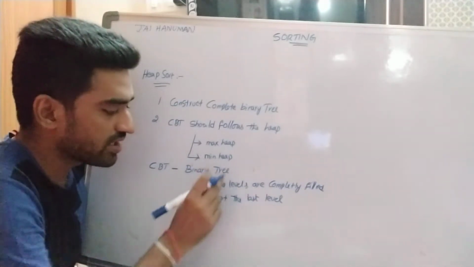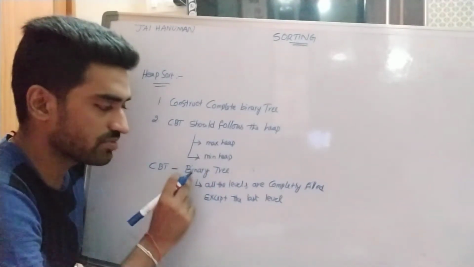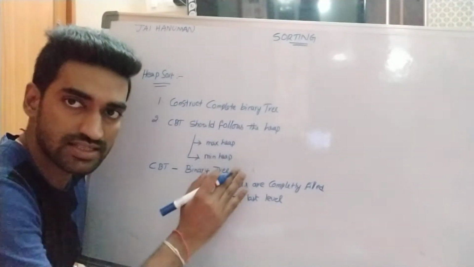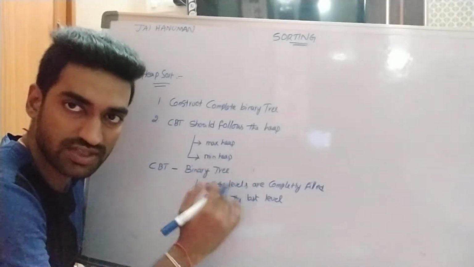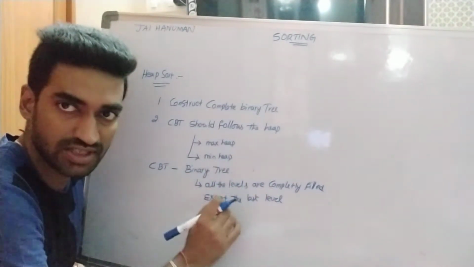So what is a complete binary tree? A complete binary tree is a binary tree, all the levels are completely filled except the last level.